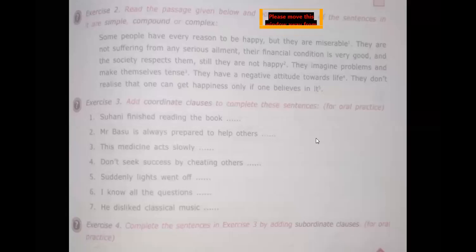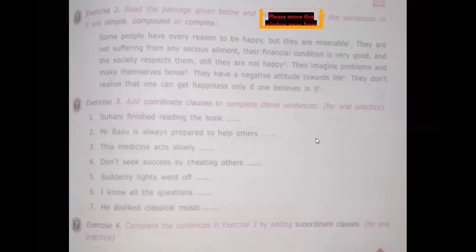Exercise three: add coordinate clauses to complete these sentences. Sohani finished reading the book. This is the first clause, students. You need to add another one, and it can be of your choice, but it should make better sense connecting to the first sentence, right? We are making a coordinate clause.